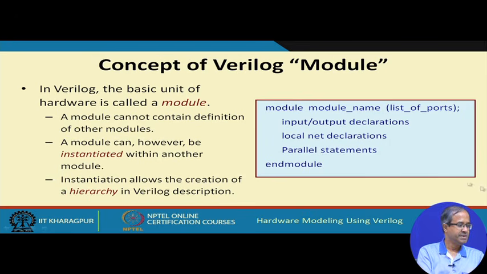They will always be fed with some inputs and they will be generating some output. So, you cannot tell H1 to wait till H2 is complete and then only start. You cannot tell that to a hardware, because ultimately it is a circuit and a circuit will respond whenever some inputs are changing, right. So, these are the so-called parallel statements which you shall see later in more detail.